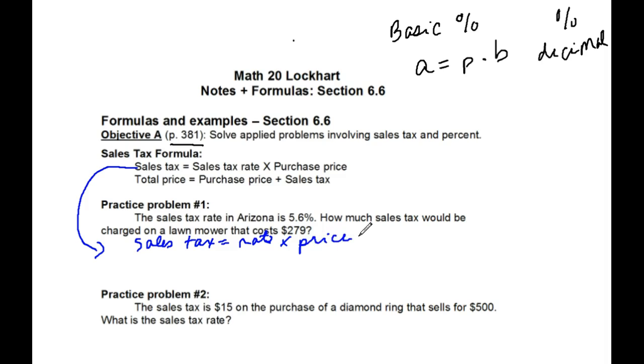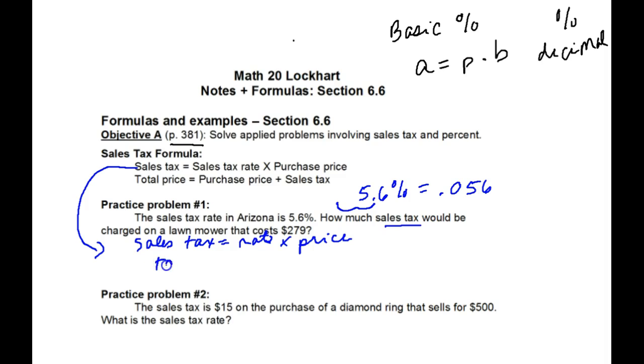So that's what we're trying to find, right? We're trying to find how much the sales tax would be, and our rate is 5.6%. Remember that we're going to go left out of percent. We'll take our decimal point 2 spots to the left to turn from the percent to the decimal.